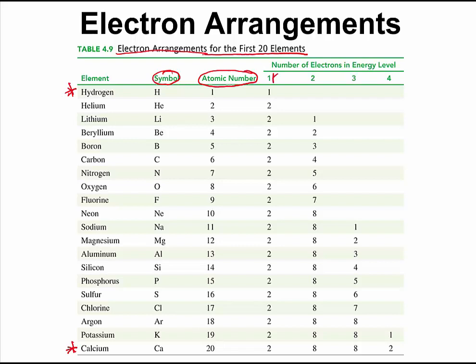This is the K shell. This is the L shell. This is the first subshell of M, and this will be the second subshell of M.